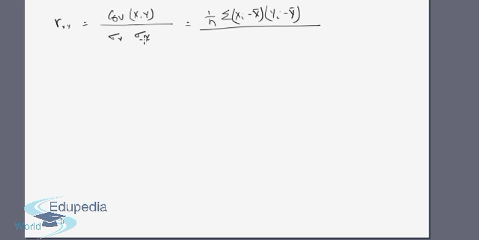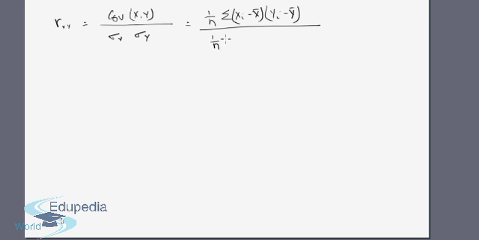You have Karl Pearson's coefficient of correlation given by covariance of x and y divided by sigma x multiplied by sigma y. The covariance is given by 1 over n summation xi minus x bar times yi minus y bar, divided by sigma x, the standard deviation.